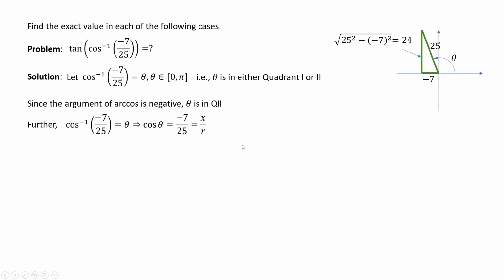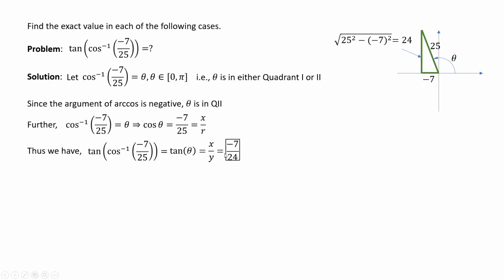Now to find tangent of cosine inverse, we replace cosine inverse of negative 7 over 25 with a simple theta. So this is equal to tangent of theta, and tangent theta is equal to y over x. X is negative 7, y is 24, and so that's negative 24 over 7.